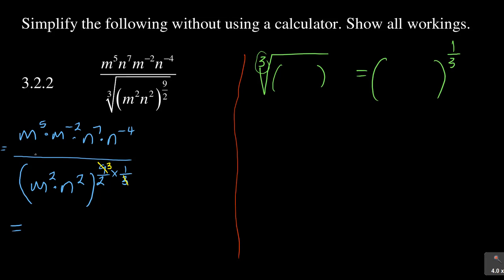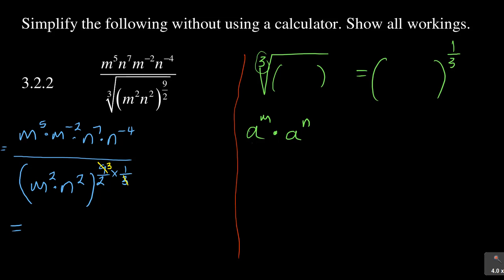So it's up to you how you want to simplify, but on top you can use the law which says here at the numerator, from the laws of exponents, a to the power m times a to the power n.